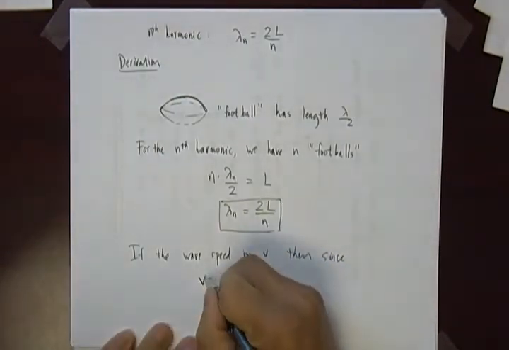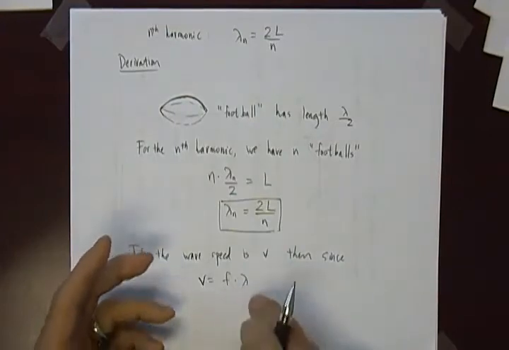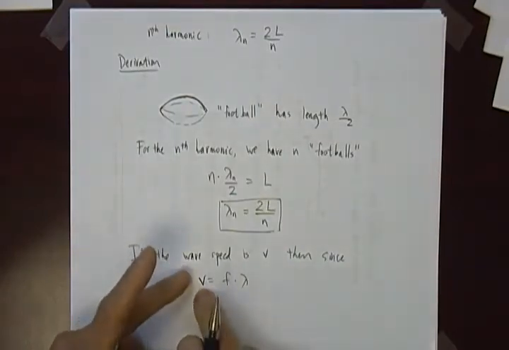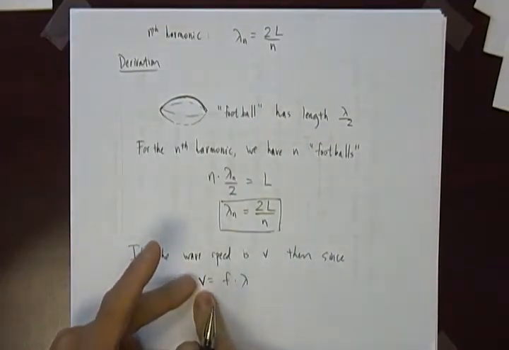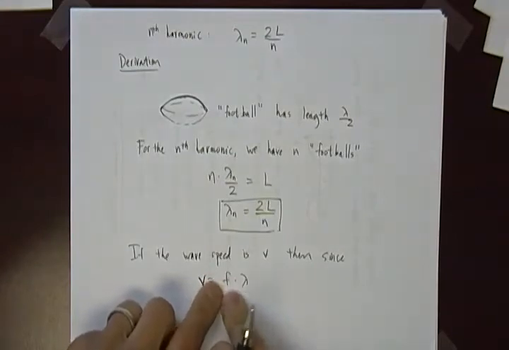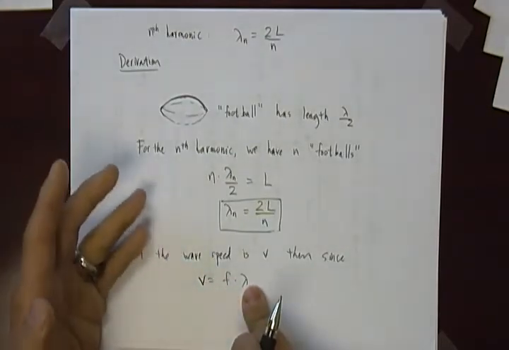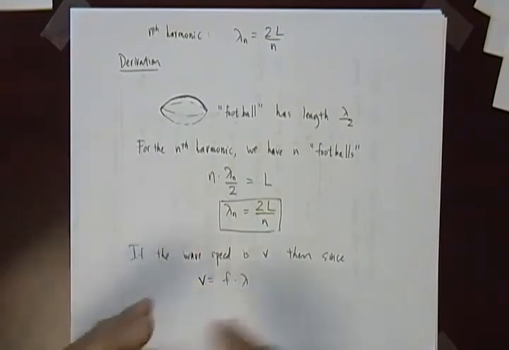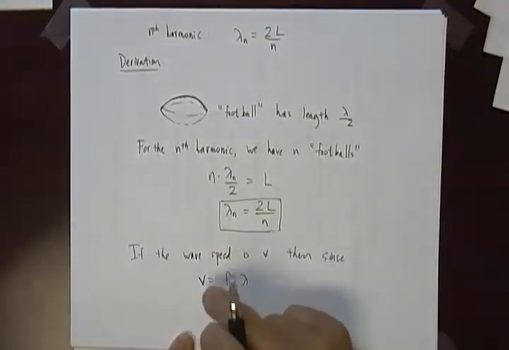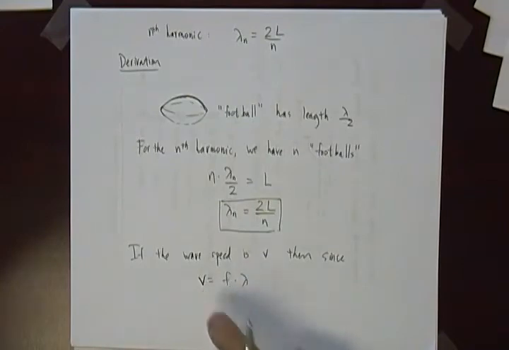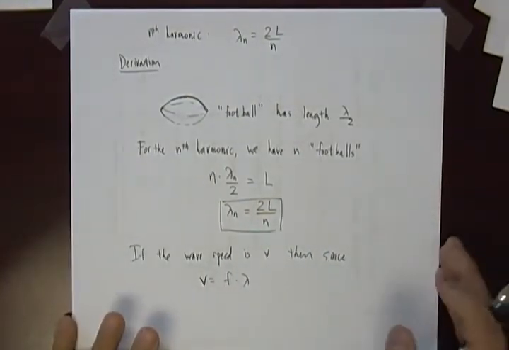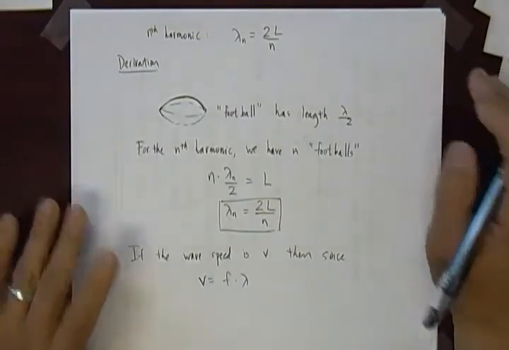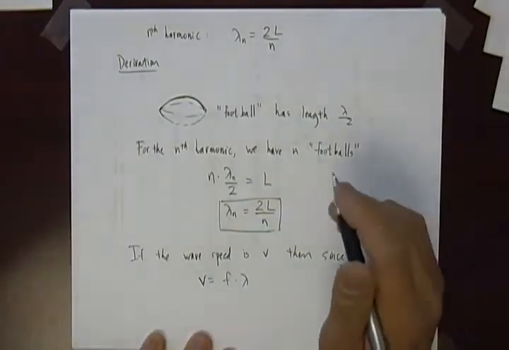The way I remember this is, once again, the wave speed has units of meters per second, frequency is inverse seconds, and lambda has units of meters. And so multiplying these gives me something that has units of meters per second, which is the wave speed. Okay, so frequency times lambda is equal to the wave speed.